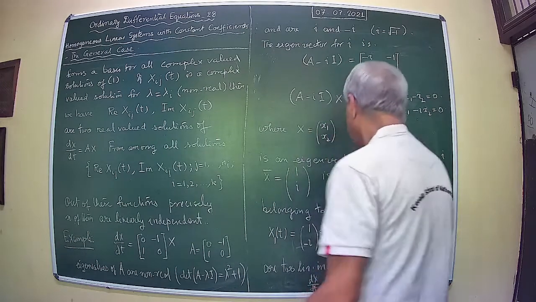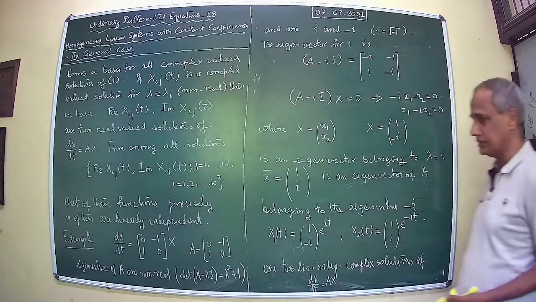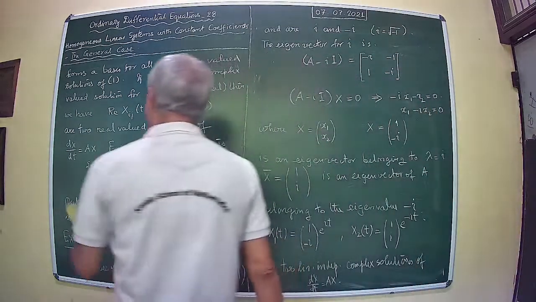So they span the whole space. So what are the real solutions?